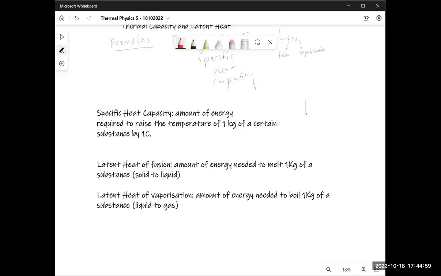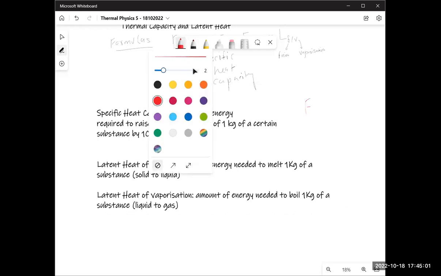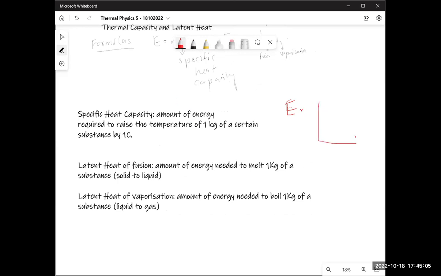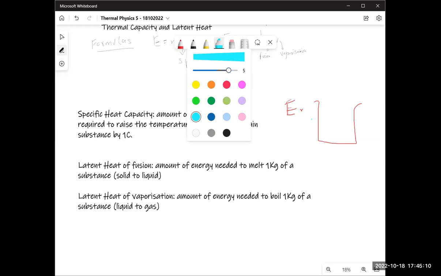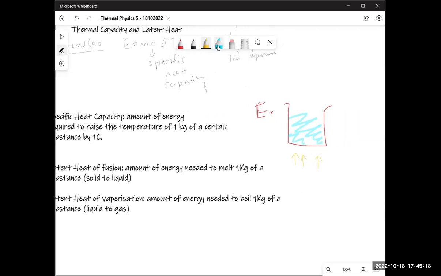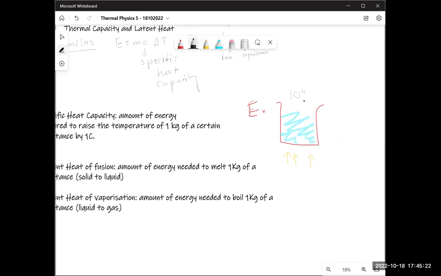So example of this would be, if I have in this beaker, let's say 1 kilogram of water. Now I'm heating this from the bottom, and the temperature, let's say, was 12 degrees Celsius.